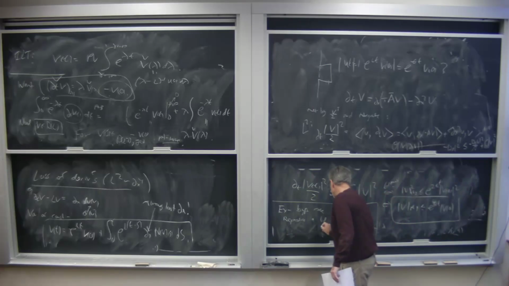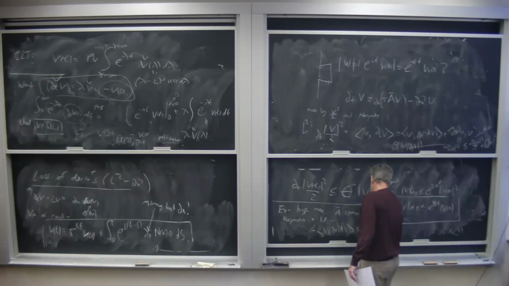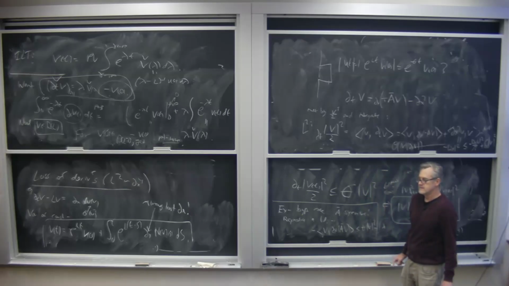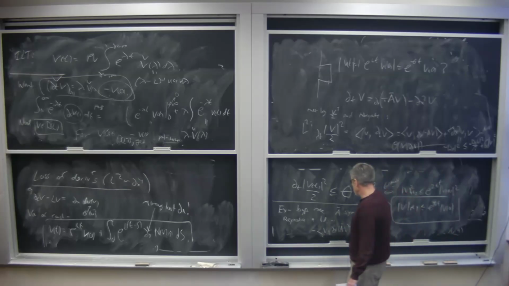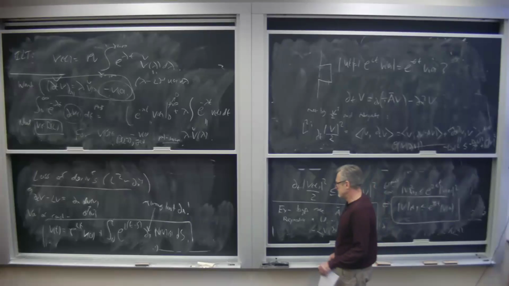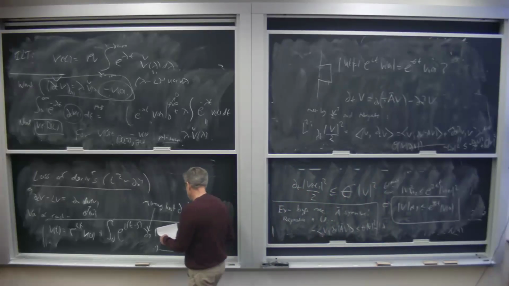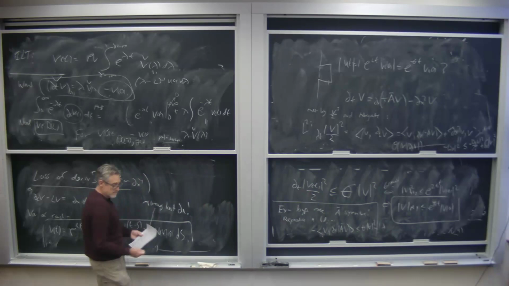So what you need to show is that the term negative v, dx a bar v is less than or equal to theta v squared for some theta. And that's some integration by parts tricks, and you use the symmetry to get it. So it also works fine for hyperbolic operators.